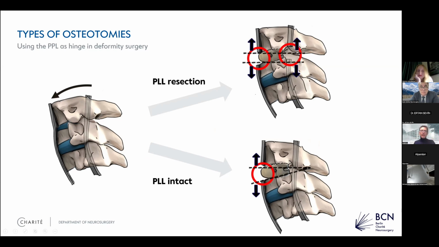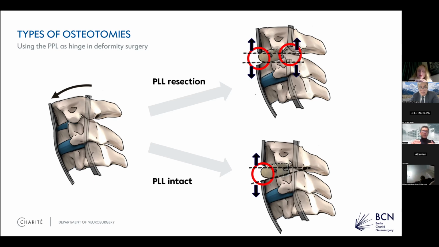You put in a big cage which you bring into the disc space, and obviously you can only do that if the posterior ligament is not compressing. If you have a compressive element with the posterior ligament, obviously you cannot do it.